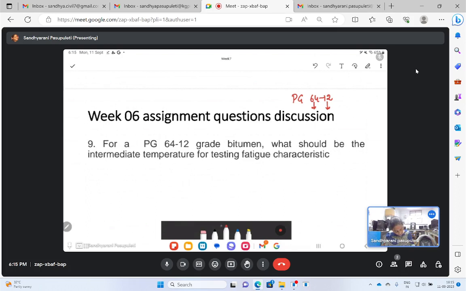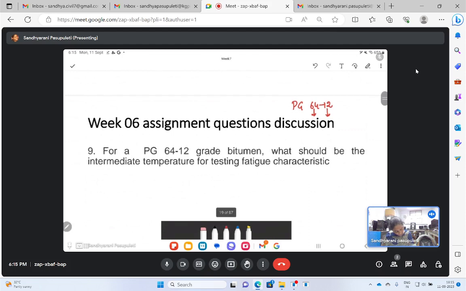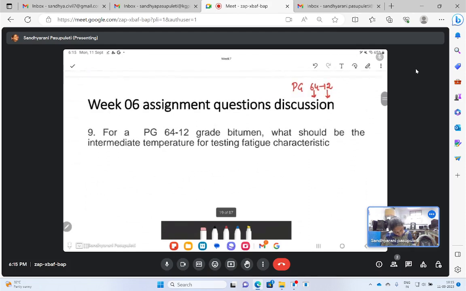So here that would be 64 minus 12 divided by 2. This is the average, plus 4 degrees. 64 minus 12 is 52, divided by 2 is 26, plus 4, which is 30 degrees.